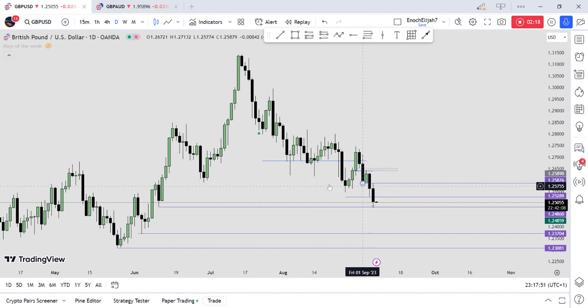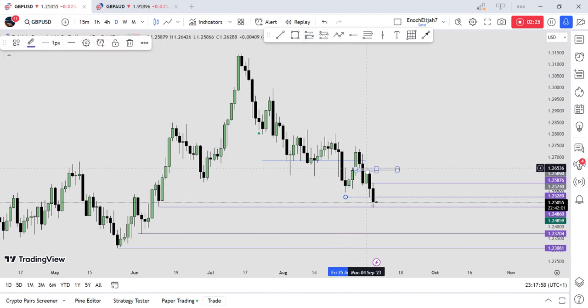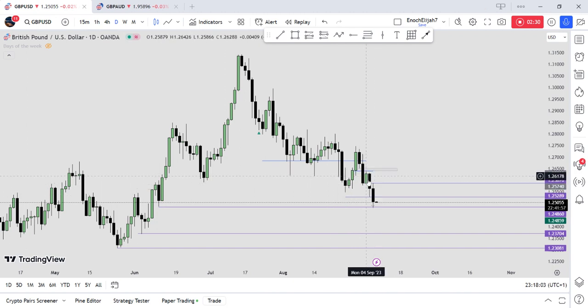Today being Wednesday, my bias is sell basically because price broke the low of this up close candle of Monday and closed below it on Tuesday, which is yesterday. So today, Wednesday, my bias is sell, hoping that price will break the low of the previous day and also, if possible, reach this low right here.